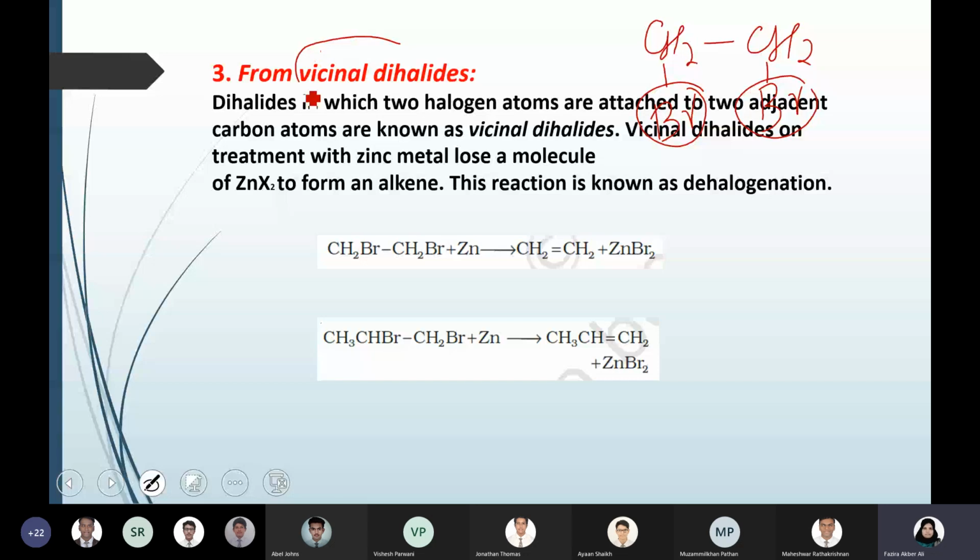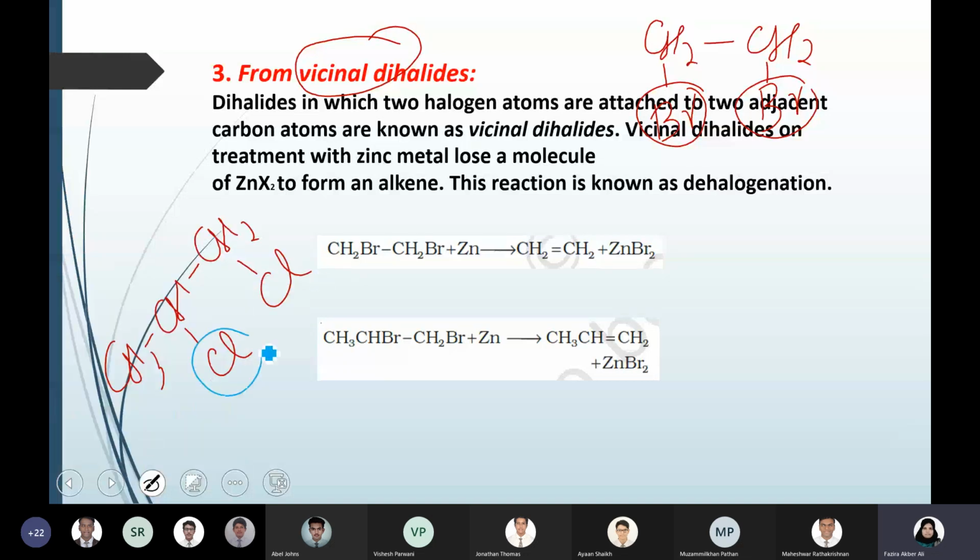See, if you have a compound like this, CH3, CHCl, CH2Cl, here you can see the chlorines, both are halogens, so it's a dihalide because two halogen groups are present in the compound, and these halogens are on neighboring positions.